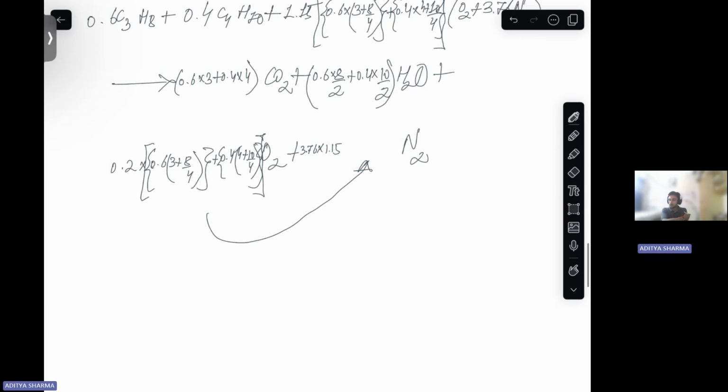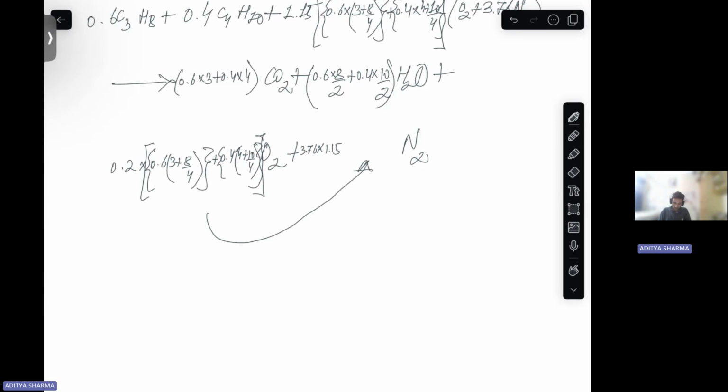So now, because you are concerned with the air fuel ratio, and for fuel the rate has been given, once you have the air fuel ratio, from there you can calculate the air's flow rate. Okay.